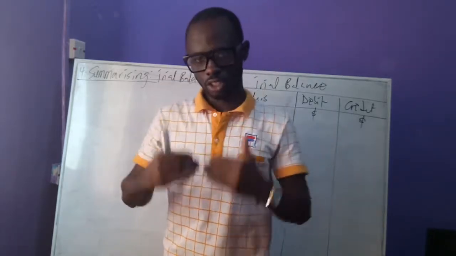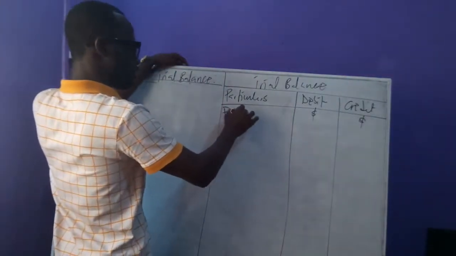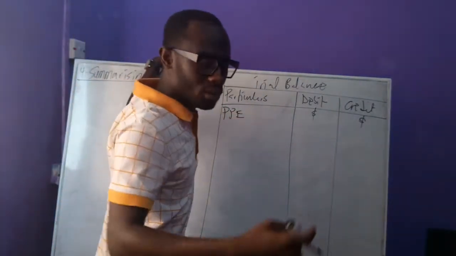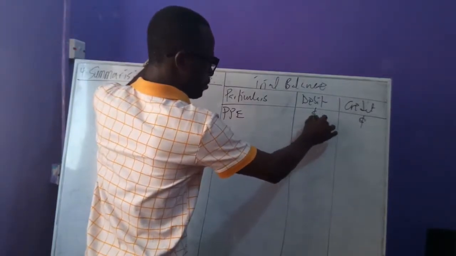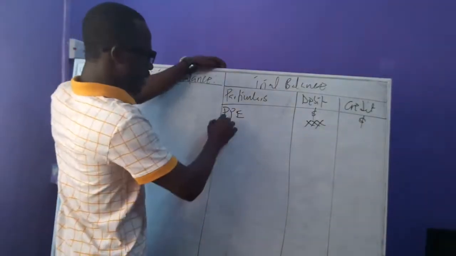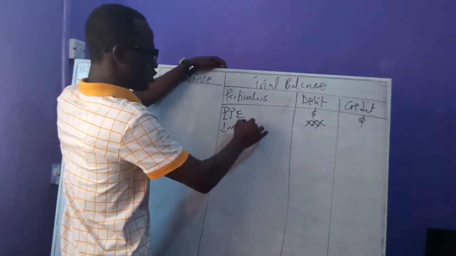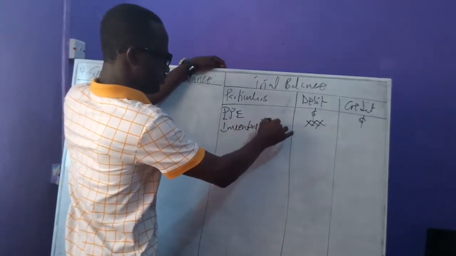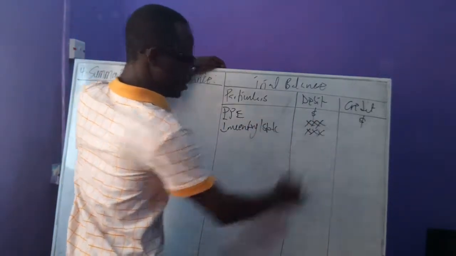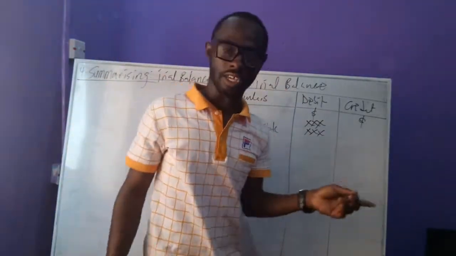So let me just break down a couple of them. Items such as property, plant and equipment, or tangible assets keep a debit balance. Inventory is an asset, or stocks, keeps a debit balance. So we bring it on the debit side.